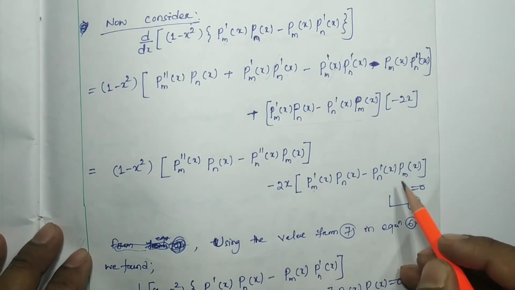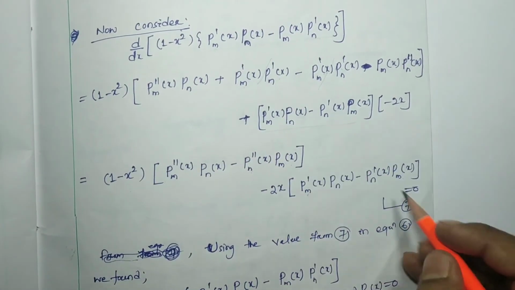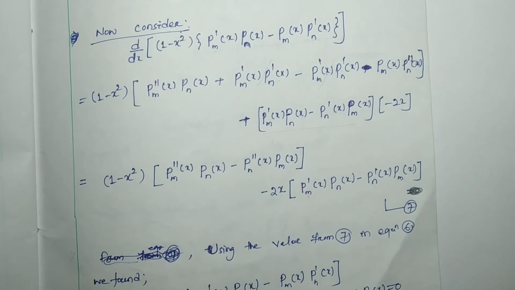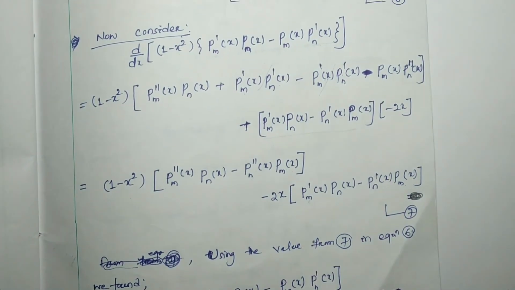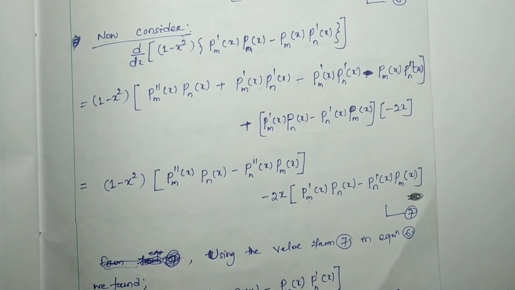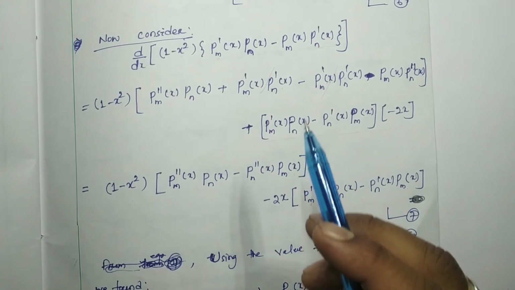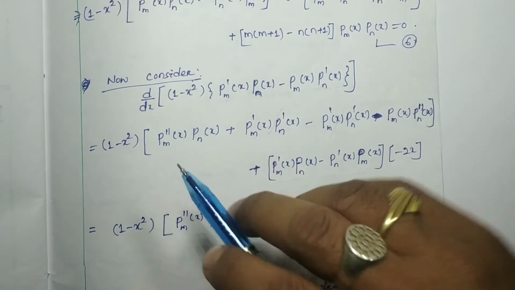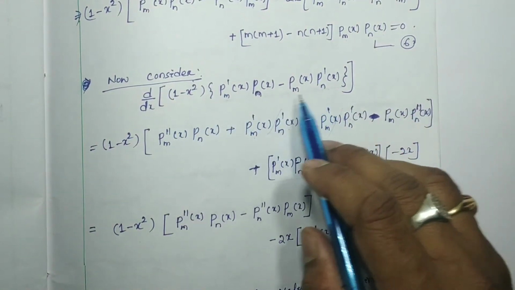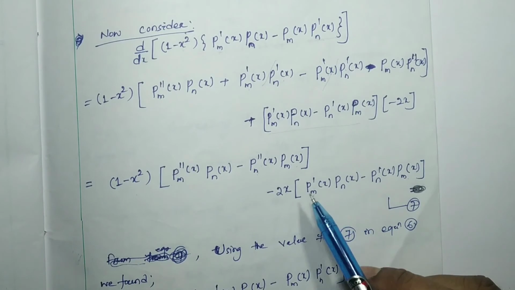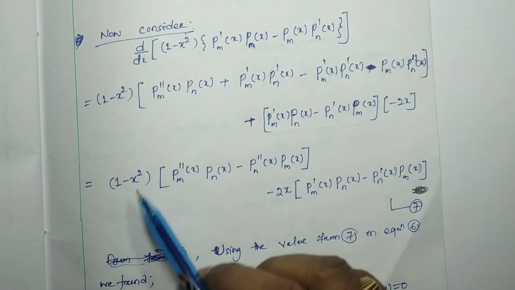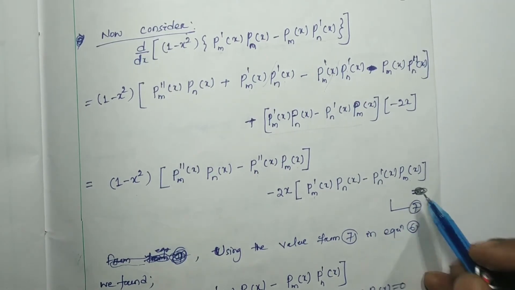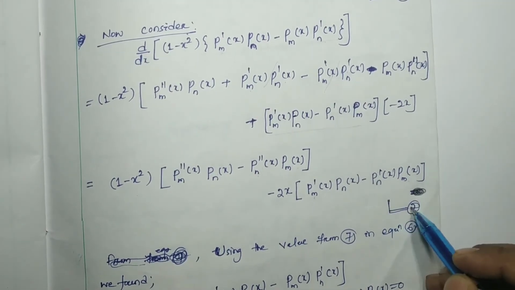So derivative of this one is this one, we found this one, right? Here we found the derivative, the first derivative of this term, this term we found is this much, right? Now let this be your equation number 7.